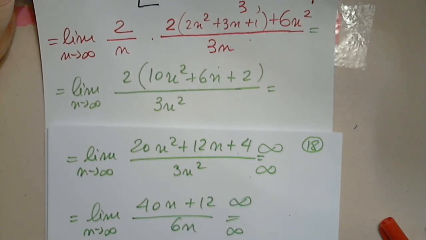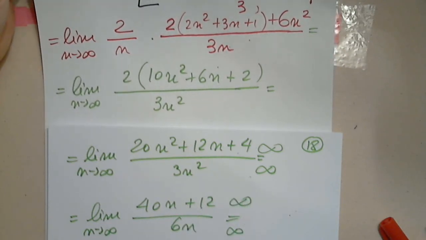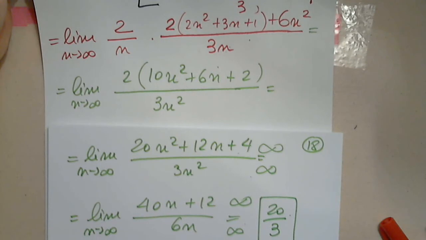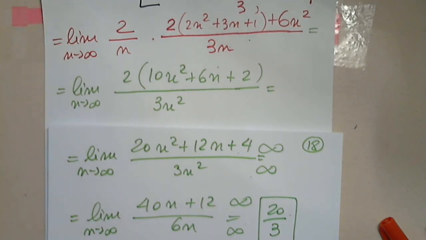Again, infinity over infinity, and we get 40 over 6, or 20 over 3. Exact. No error whatsoever, because we divided the interval into n subintervals, and furthermore, we made n go to infinity.